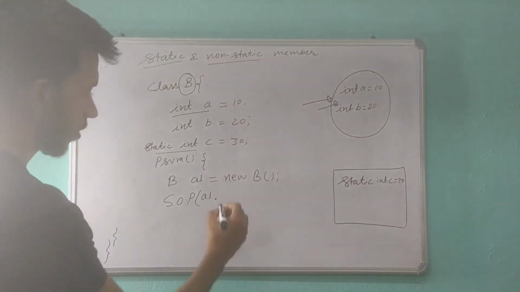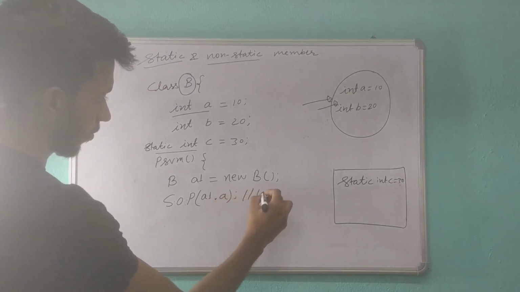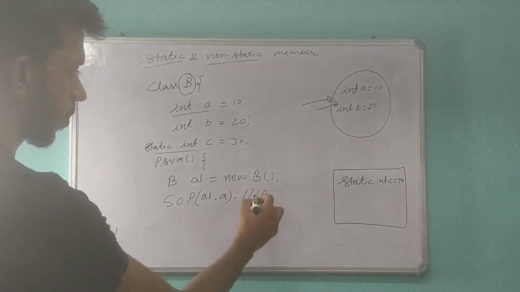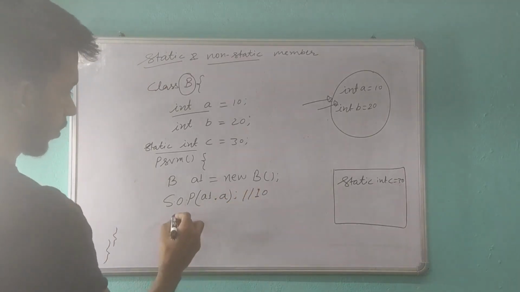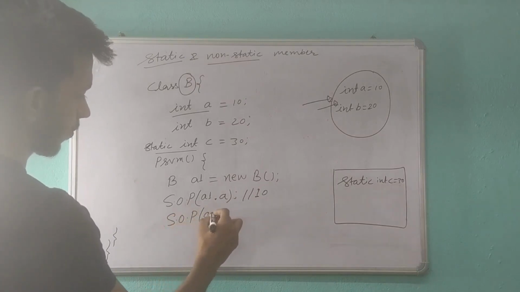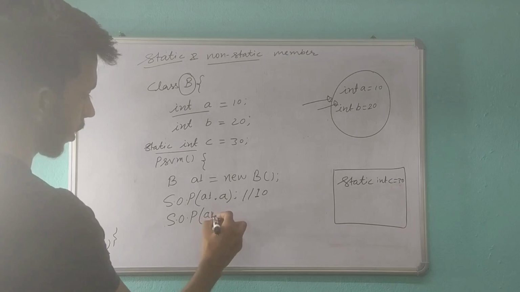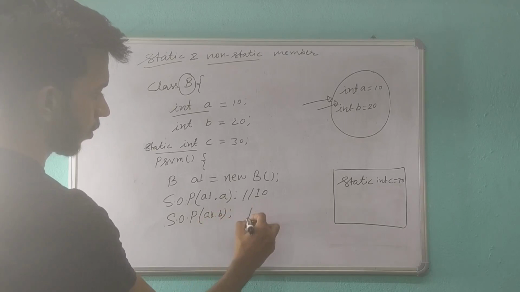To access a, we will write a here and it will give 10. Next we are going to access b with the reference variable of class B and it will print 20.